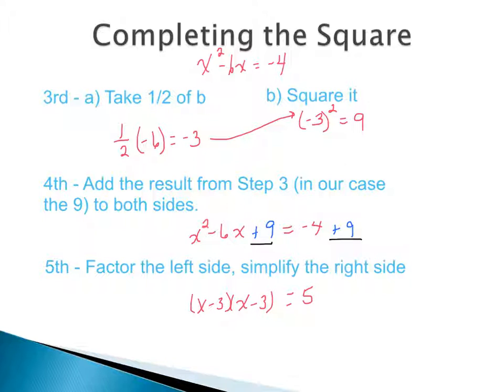We can actually rewrite this as a square, and this is where the whole completing the square comes in: x minus 3 can be written as x minus 3 quantity squared, still equal to 5. Any time we're completing the square, when we get to the point where we can factor, we have to be able to write it in the form of x minus something or x plus something, quantity squared.